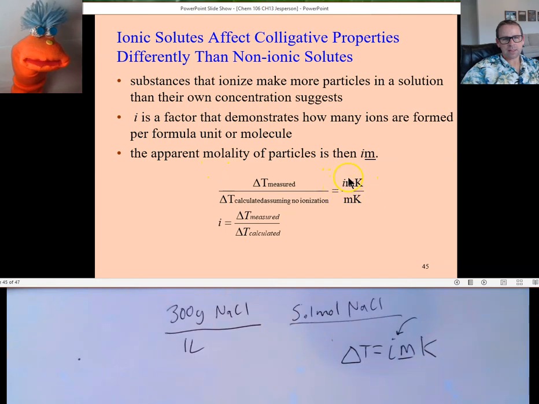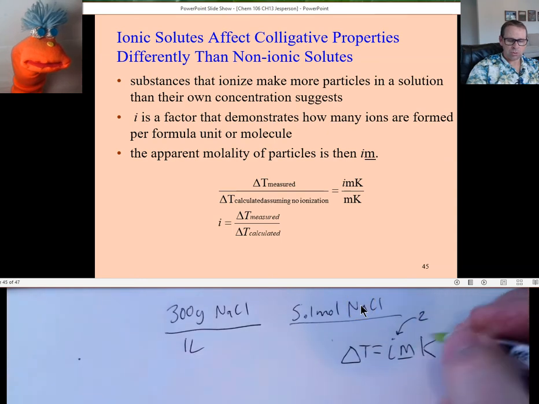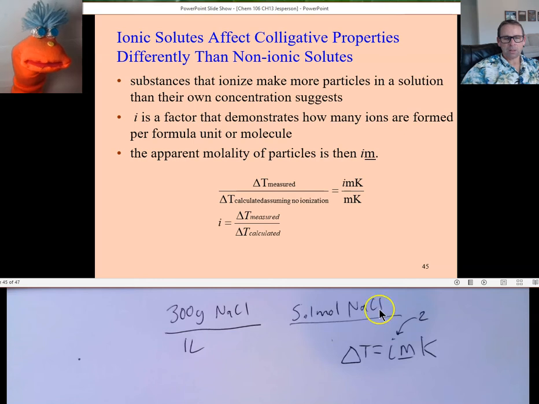And what that's saying is how many substances or how many actual entities end up being in solution. If I put 5.1 moles of sodium chloride into solution, I end up with 2 moles of ions, 1 mole of sodium and 1 mole of chloride. And so that change in temperature is going to be whatever the molality of the sodium chloride is times 2, and then multiplied by our constant.